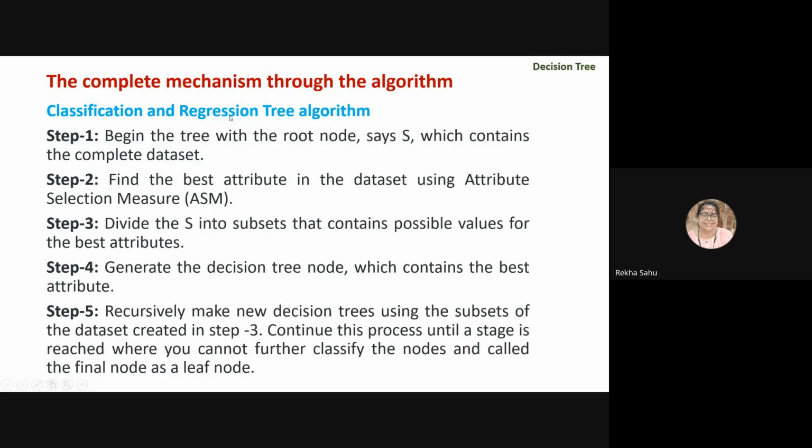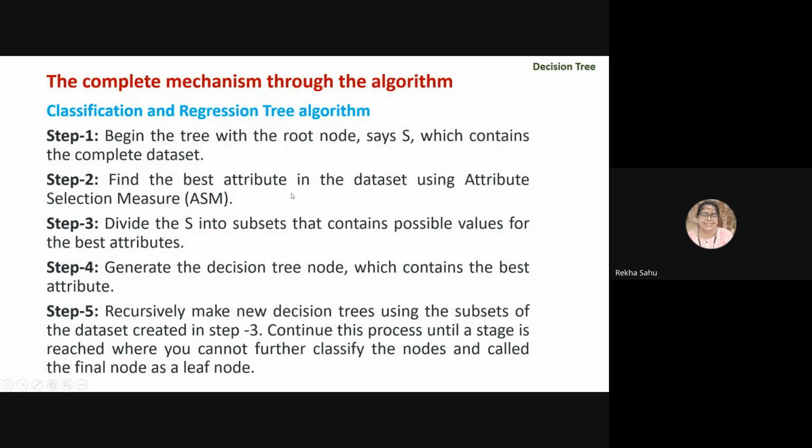First of all, you will consider the whole data set, and that will be the root node. Then you will select the features. You have so many features. Among them, you will find the best feature, the best attribute to split.